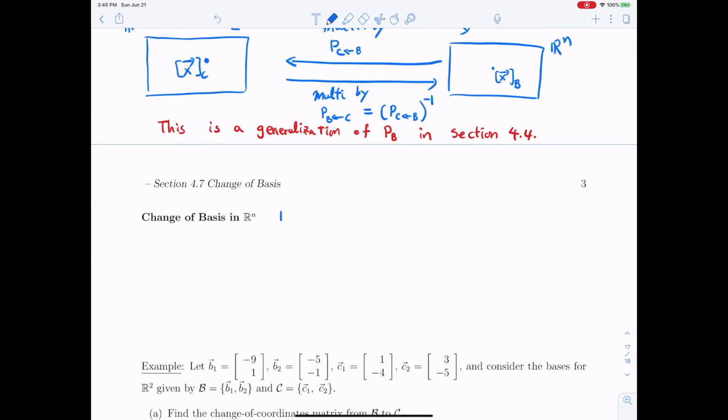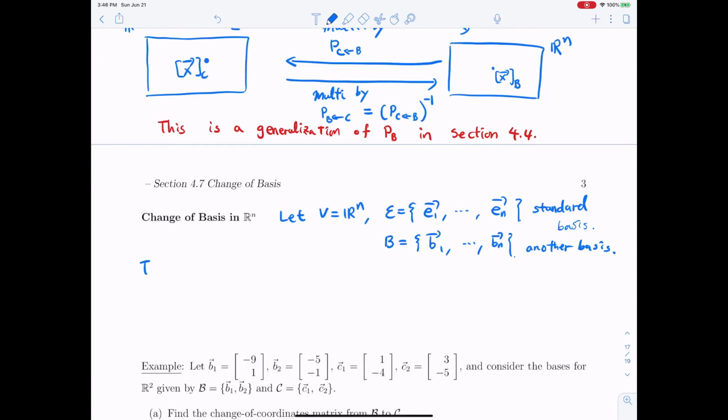So let's say V equals R^n and E is the set of standard unit vectors E sub 1 through E sub n. And let's say B is another basis consisting of B sub 1 to B sub n. Then we know that the E coordinate of X equals X itself.